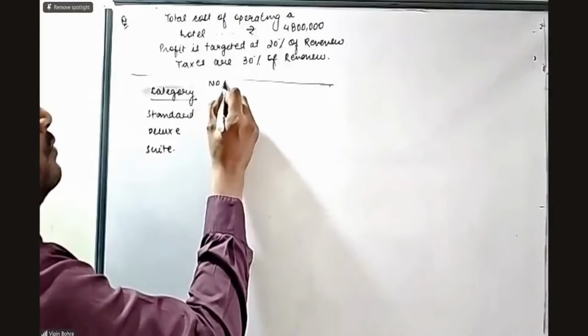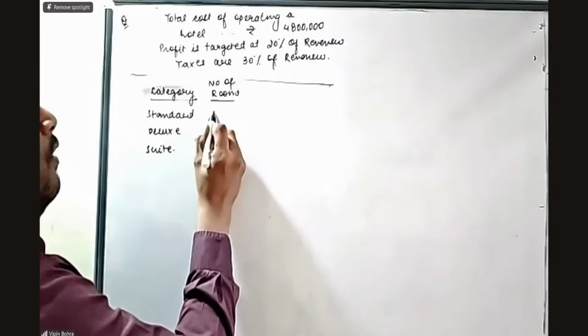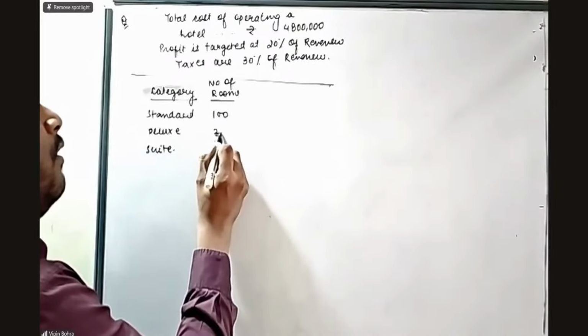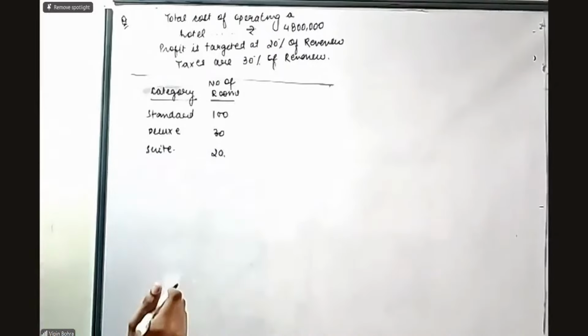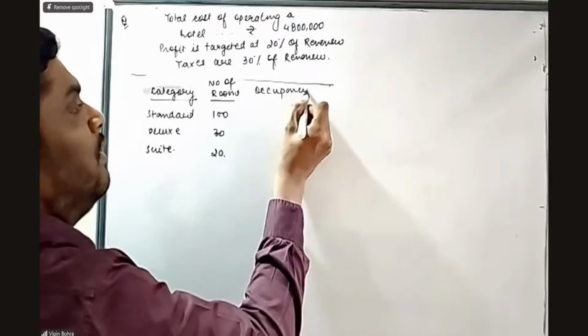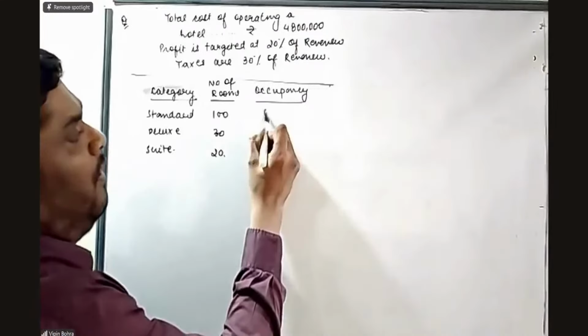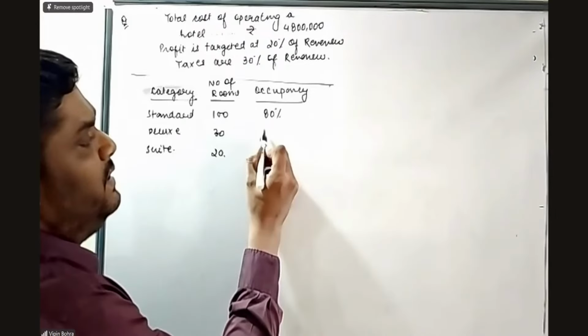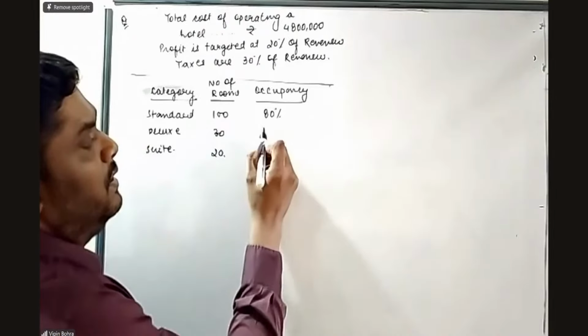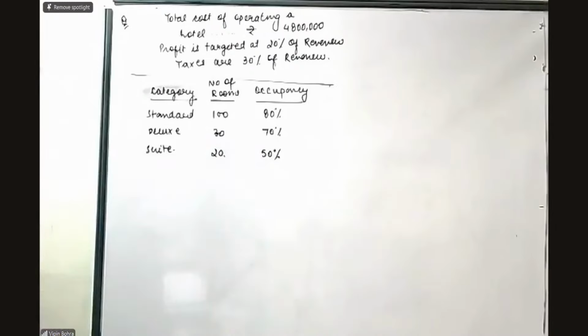And the number of rooms is also given: 100, 30, and 20. When talking about the occupancy, it is also given: 80%, 70%, and 50%. This is the average occupancy.